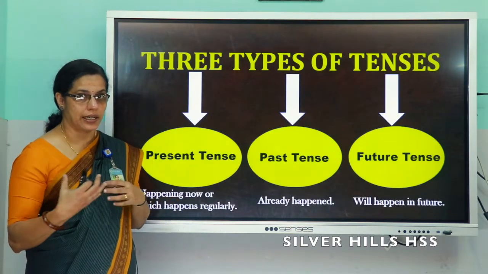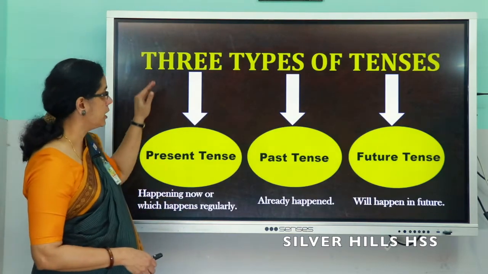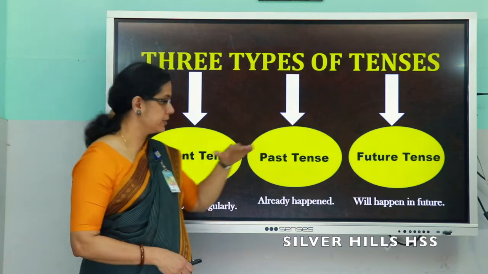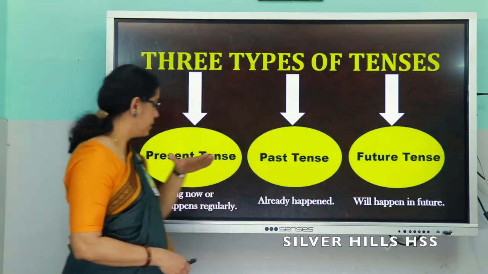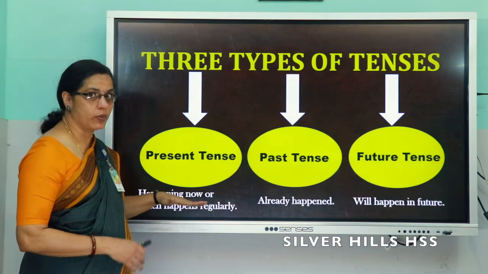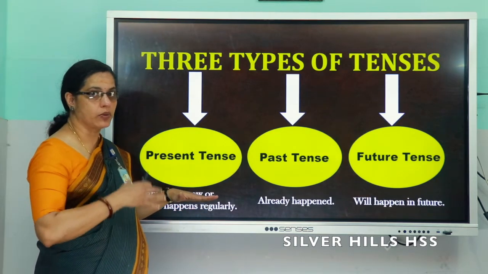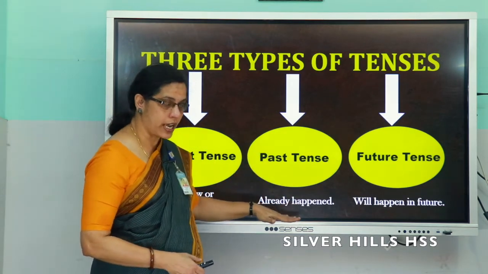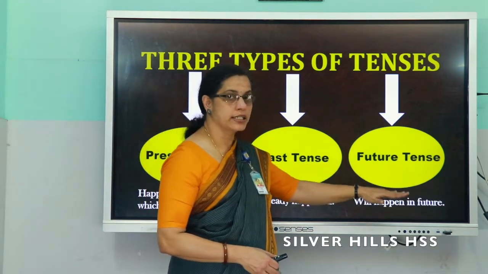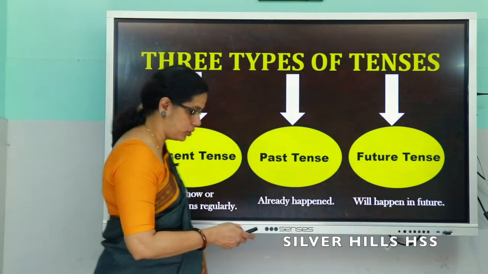Now, just to recollect whatever we have studied today, three types of tenses: present tense, past tense, future tense. Present tense tells something which happens regularly or something which is happening now. Past tense tells something which has already happened. Future tense, something which will happen in future.